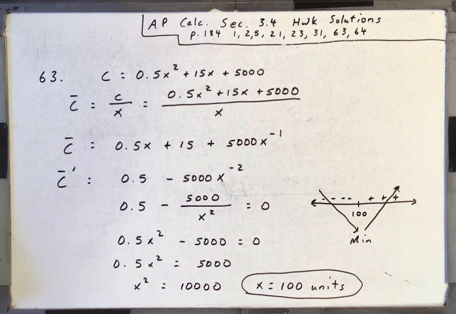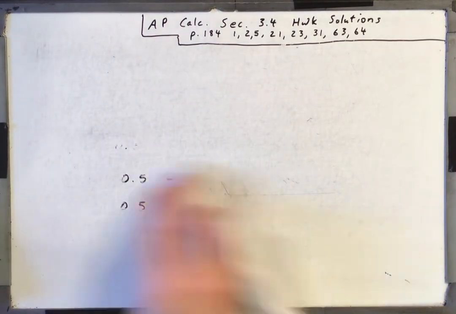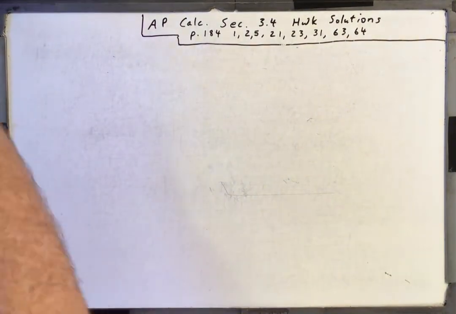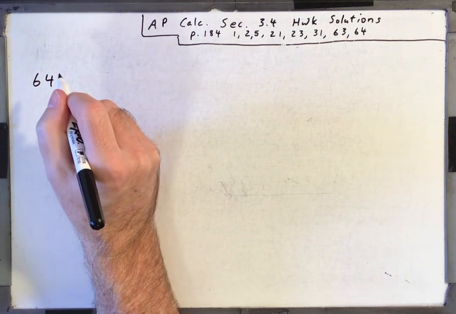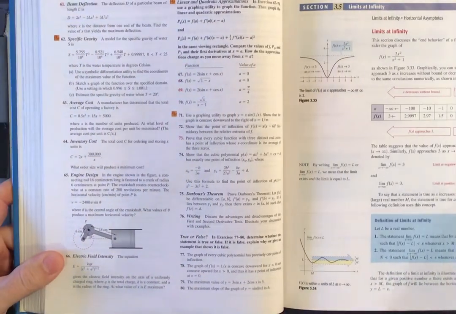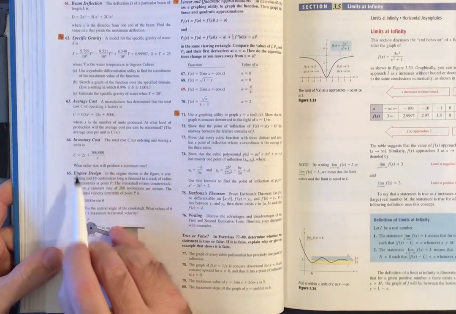All right, 64 is even less intensive than this one. It says the total cost C for ordering and storing x units is this function. What order size will produce a minimum cost?